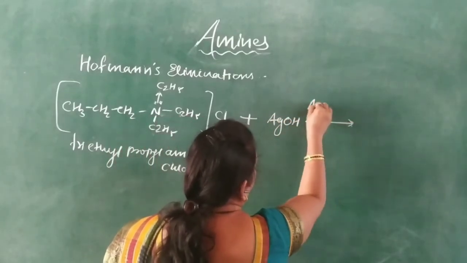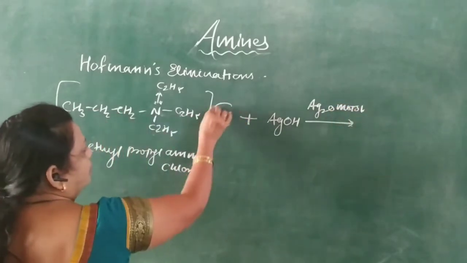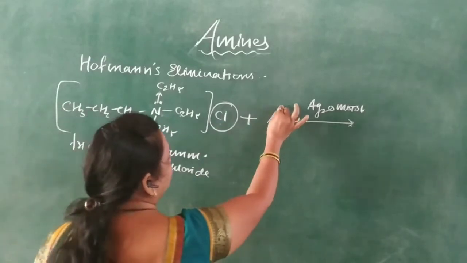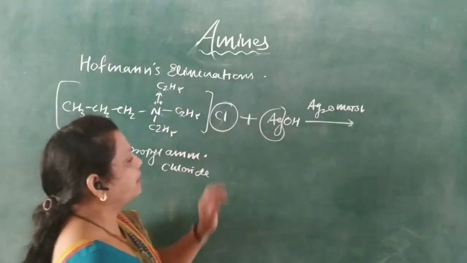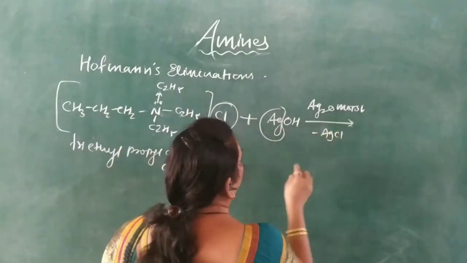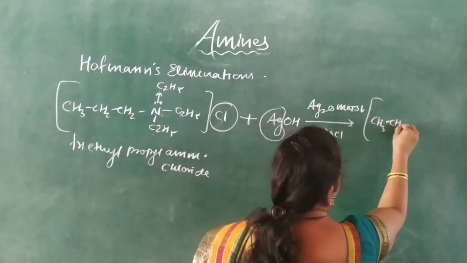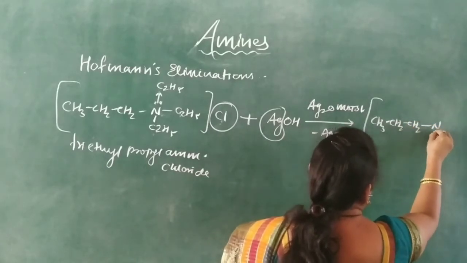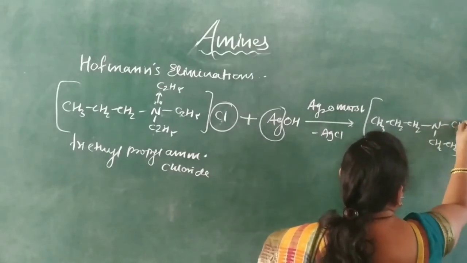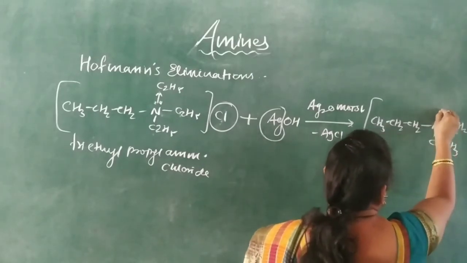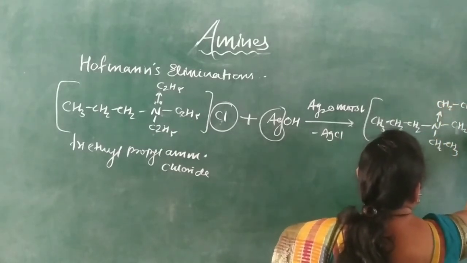here moist Ag2O gives AgOH. Now a deliquescent quaternary ammonium hydroxide is obtained. Ag combines with Cl, so minus AgCl, and OH combines to form CH3, CH2, CH2, N with three ethyl groups, CH2, CH3, and OH negative.